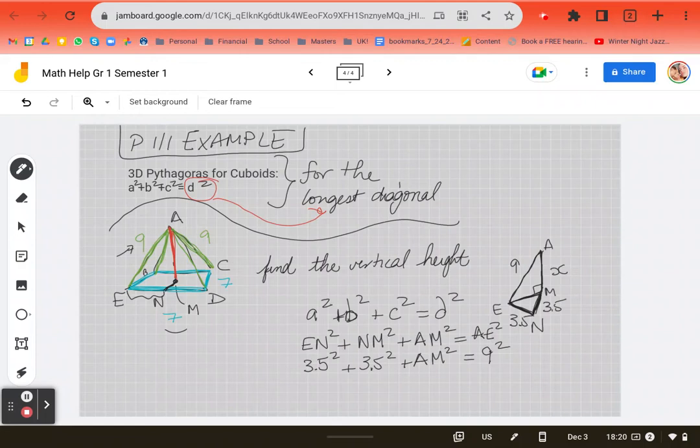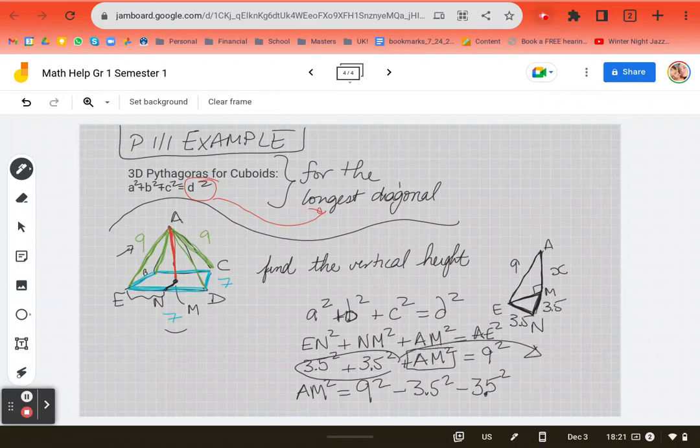So I'm going to make AM the subject of my formula, or in other words, keep it by itself. So I'm going to say AM squared equals 9 squared minus 3.5 squared minus 3.5 squared, because I've just moved these over to this side.